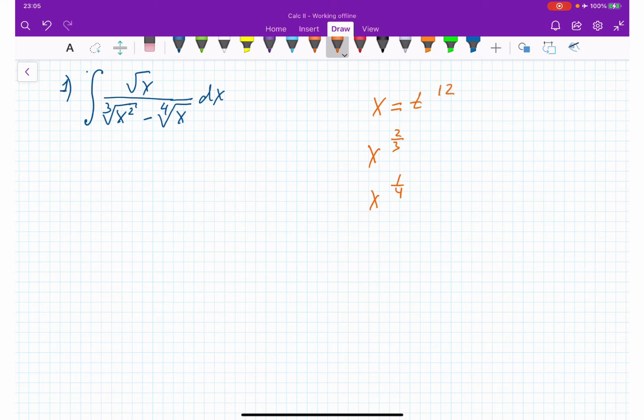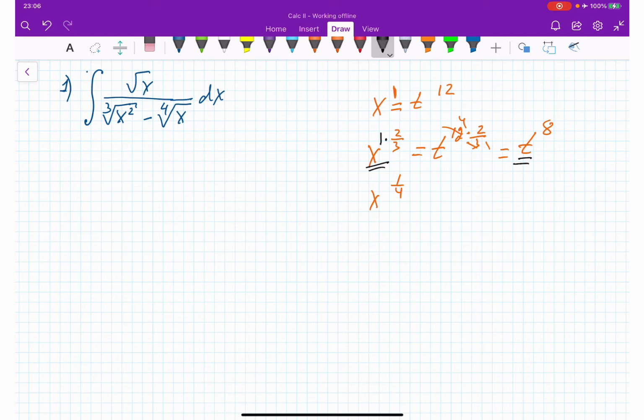So x to the power 1 equals t to the 12, then x to the power 2/3 is x to the 1 times 2/3, and on the right I'm doing t to the 12 times 2/3. So it's equal to t to the power 8.